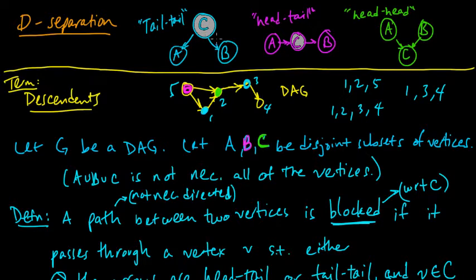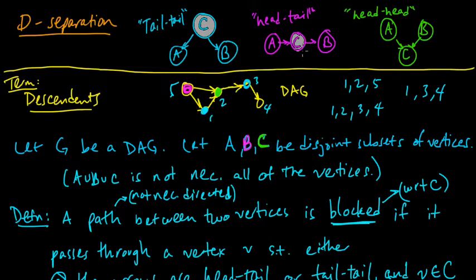Let's take a minute to remind ourselves of this in the three special cases. If we conflate the random variables with their associated vertices, then the path from A to B, A-C-B, is blocked with respect to C in the tail-to-tail case because it passes through C, and C is in the set.